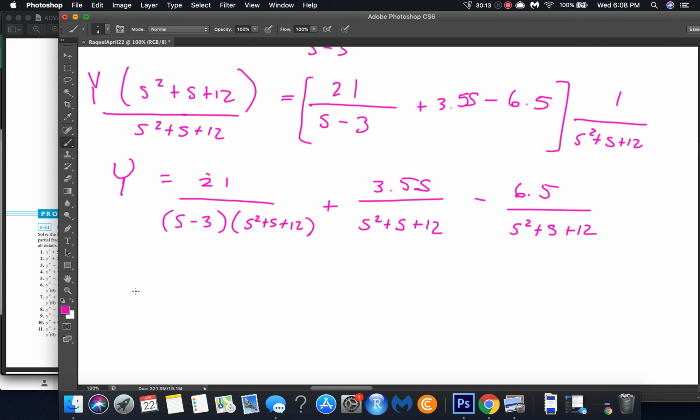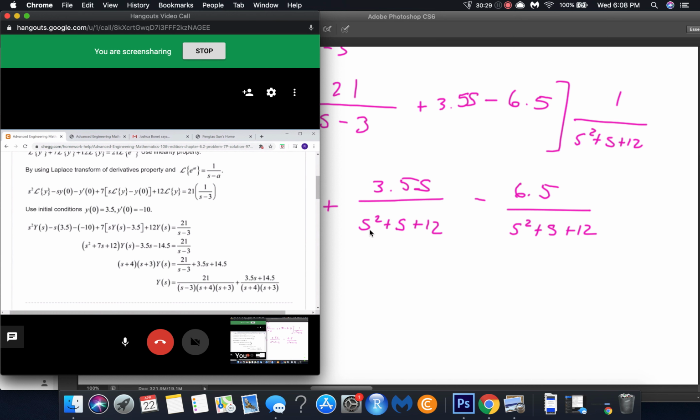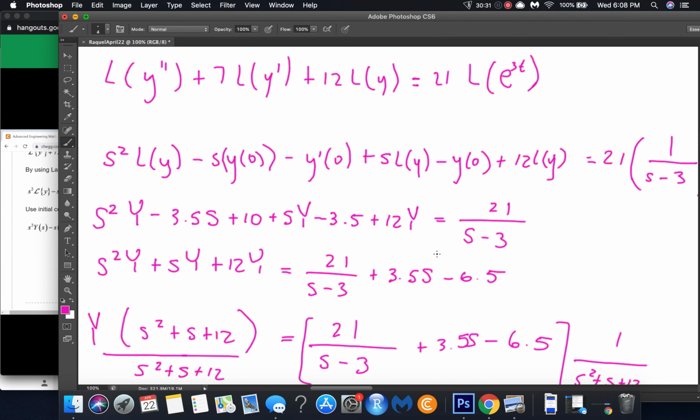So the discriminant here is b squared minus 4ac. Oh, wait. They didn't get 6.5. They got 14.5. Whoa, back it up. Oh, because I missed the 7? I did miss the 7.